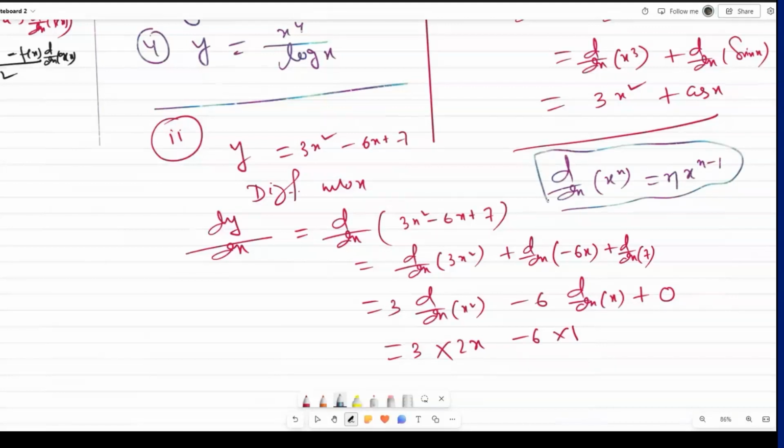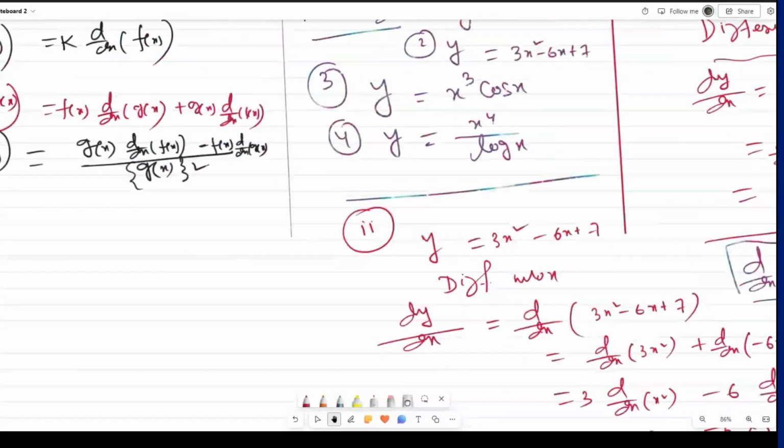For 1, what did you write? It is 1 into x to the power 1 minus 1, 1 into x to the power 0, that is 1. So answer is 6x minus 6. Clear? Let's go for the next one.